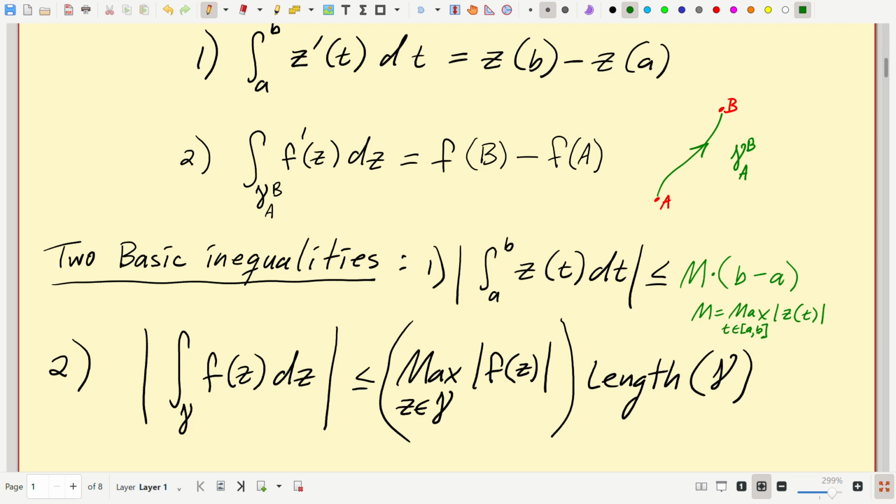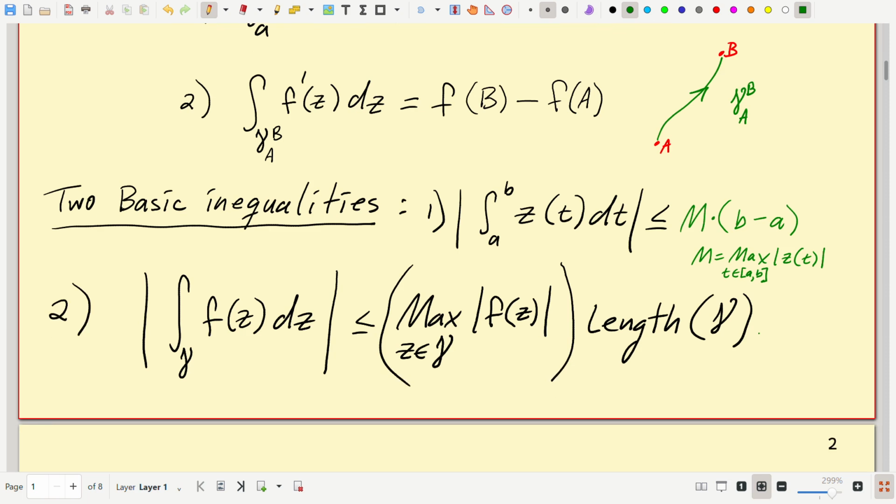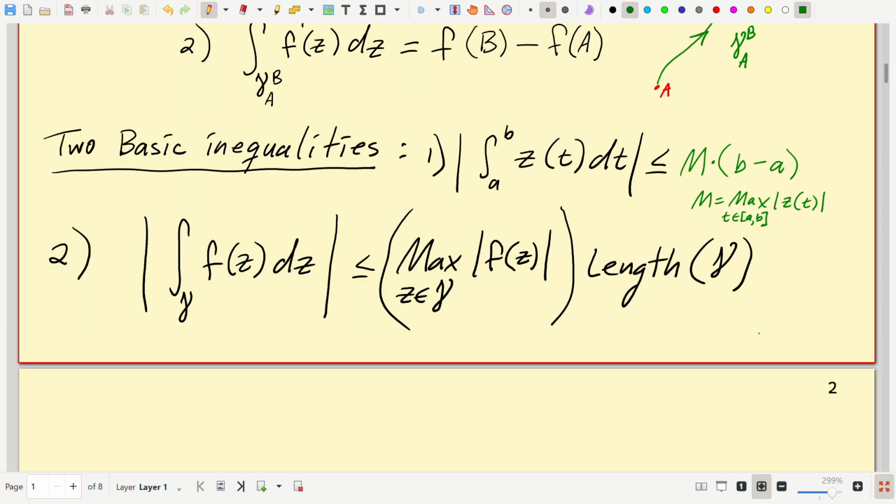That'll look kind of similar. If you call this max M, it's the same kind of thing. You take the maximum modulus of f along the curve, and you multiply by the length of the curve. Okay, the length of the curve is in place of b minus a. Anyway, those will pop right out. So let me start with the demonstration of the fundamental theorems.